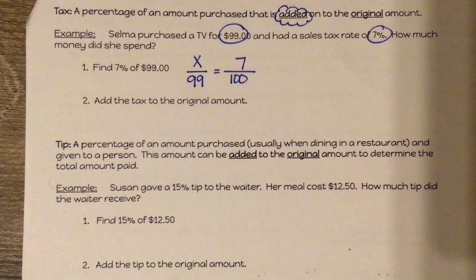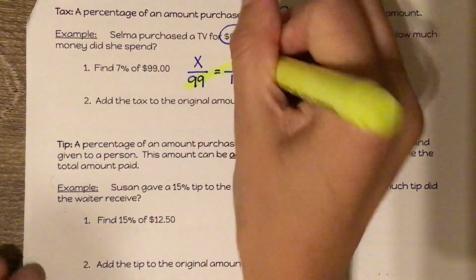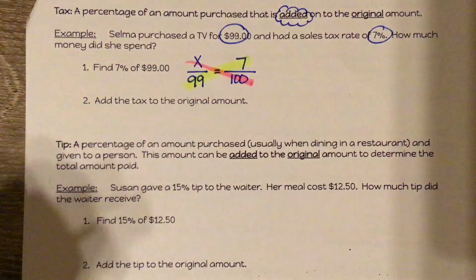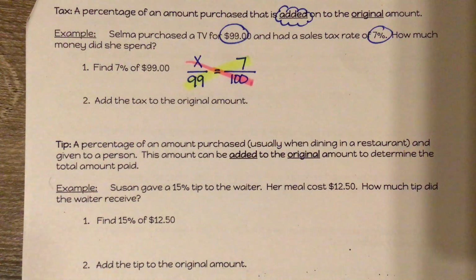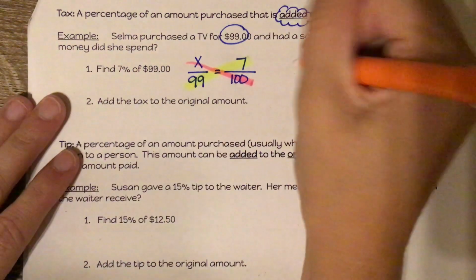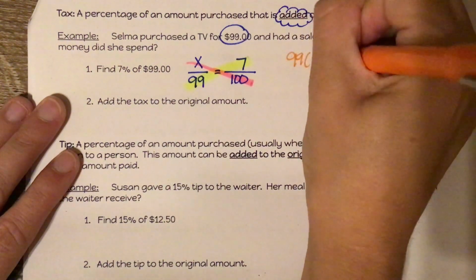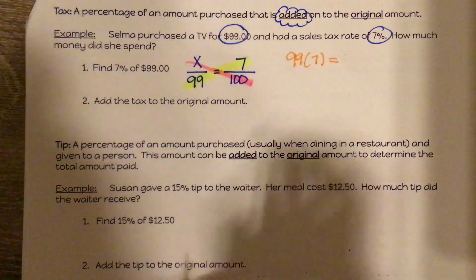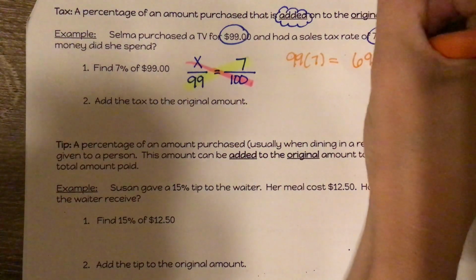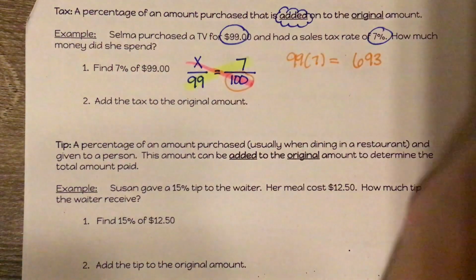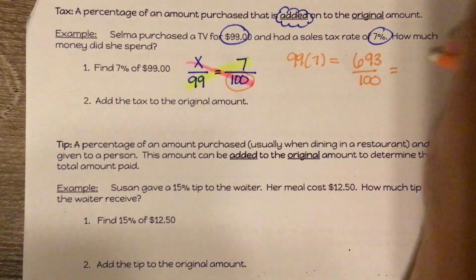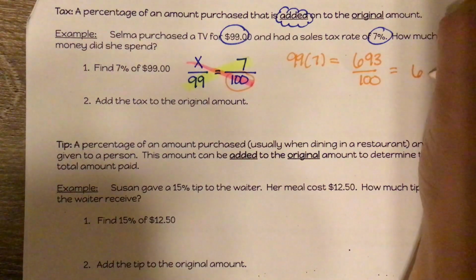So now I have a percent proportion that I can solve. So I'm going to do 99 times 7, which equals 693, dividing by the number in the same diagonal as the variable, equals 6.93.